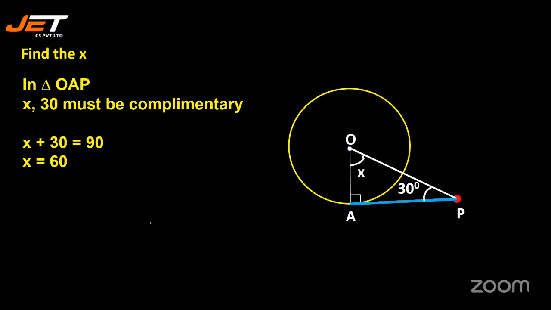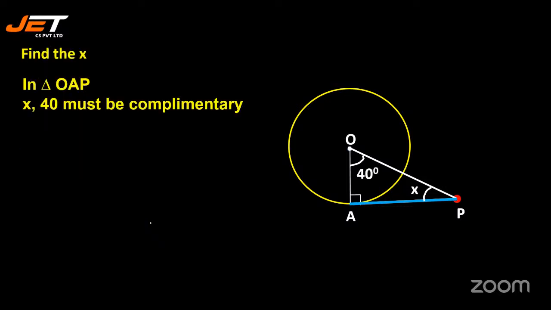So x plus 30 must be equal to 90. So x is equal to 90 minus 30, whereby x becomes 60. All right, students. Yes, see the next question.